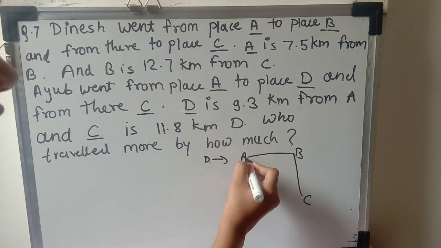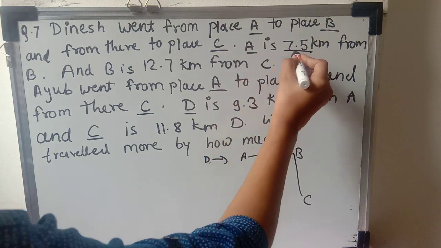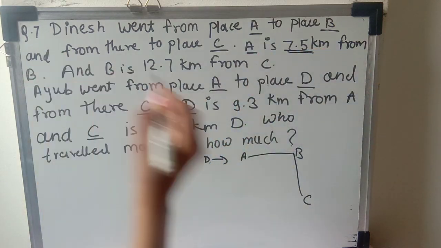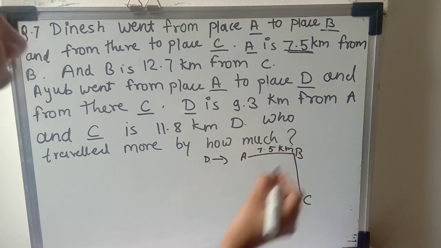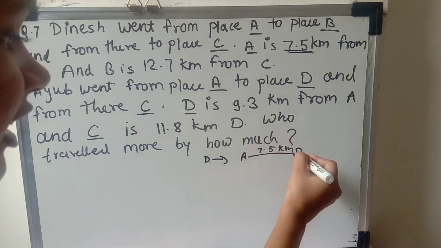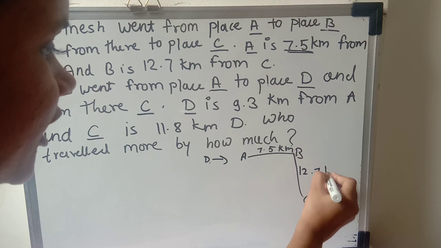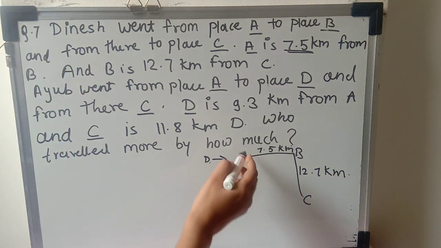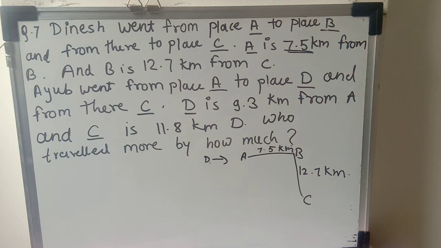So the distance from A to B is, that is A is 7.5 km from B. So this distance from A to B is 7.5 km. I hope this diagram is visible to you all. Then after that the distance from B to C, that is 12.7 km. Okay, so this is the total distance that Dinesh covered in his travel.